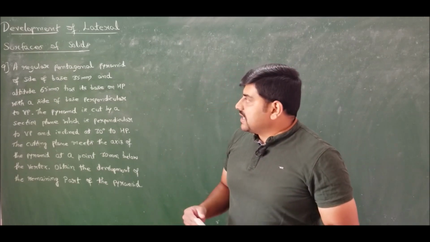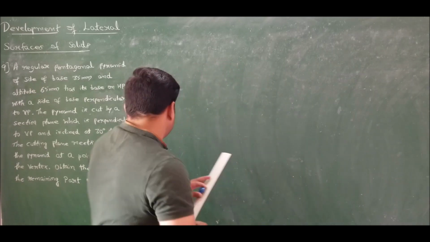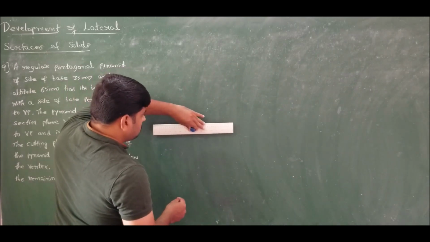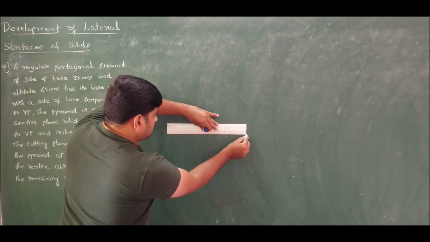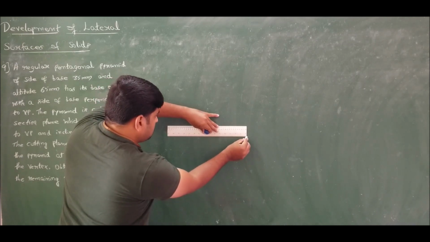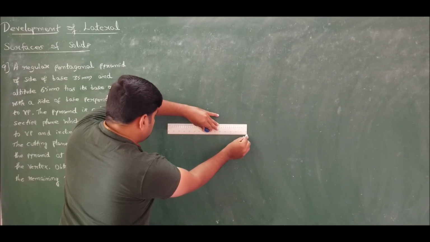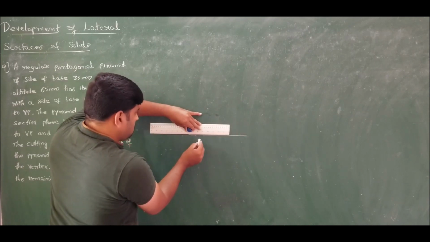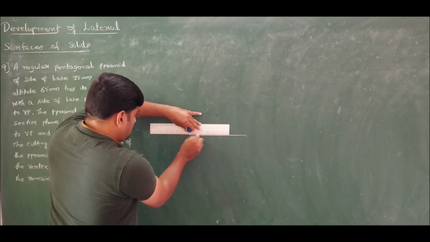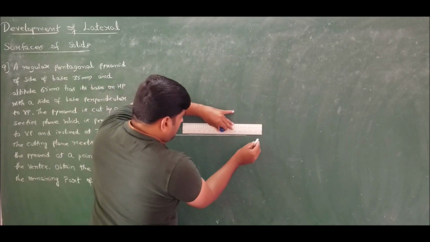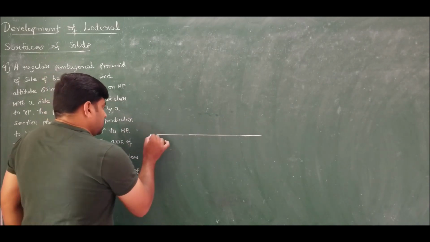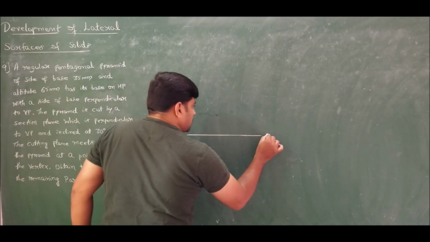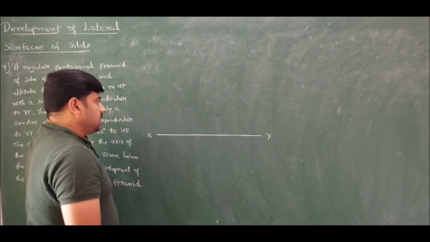Now first let us draw the front and top view of the given problem. Always draw the top view first and then extract the front view for a solid which is resting on HP.